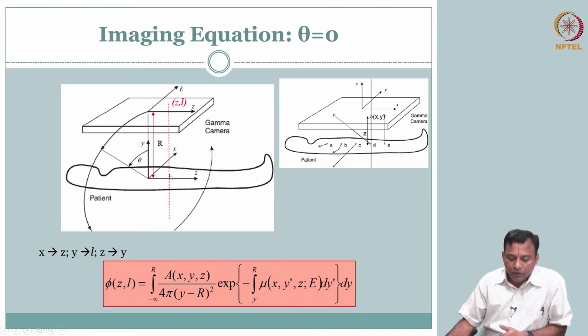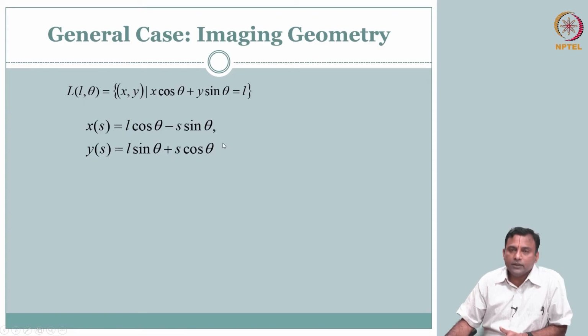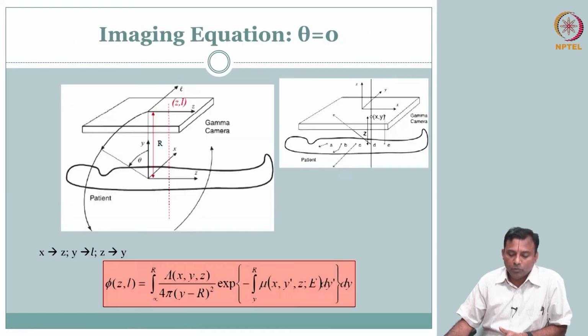So with this case that we have, we should start to write our imaging equation. How do we do that? Looking at the system, your L can be written in parametric form; we covered this even when we did the CT. But here we want to vary, so we could write it in terms of S. What we have right now is theta equal to 0.